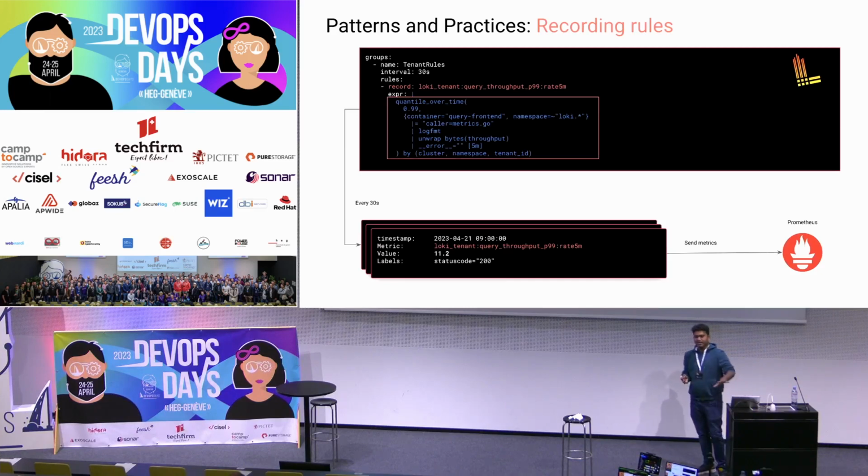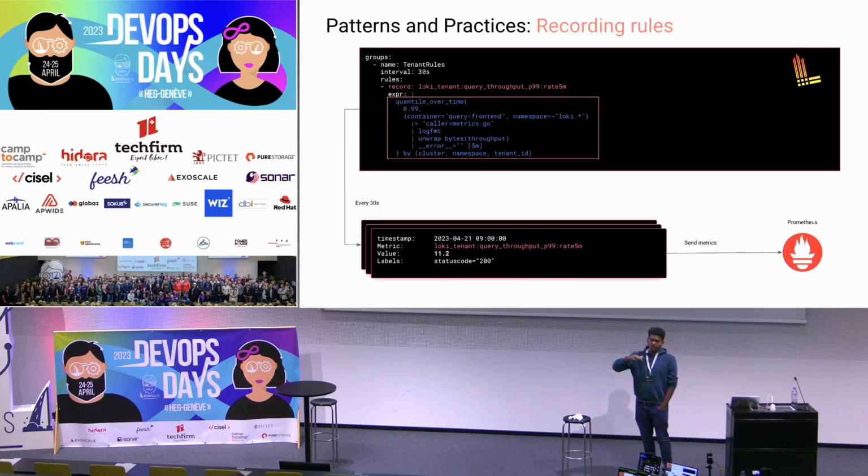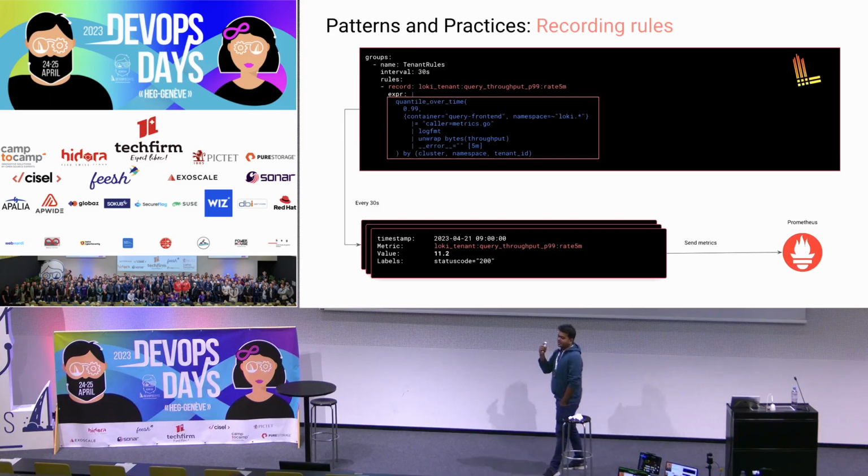It calculates the 99th percentile of the queries, and if something is abnormal, like a low latency or a very low throughput, you can't make this query very frequently because it's expensive, first of all, and it's going to take a long time if you want to do anything with it. So instead of doing it as an ad hoc query, what you can do is create it as a recording rule.